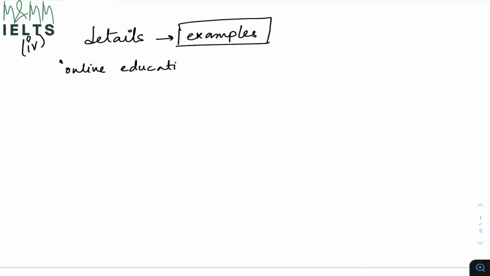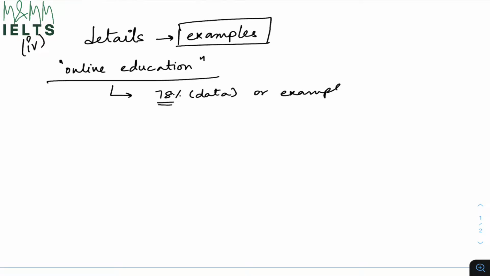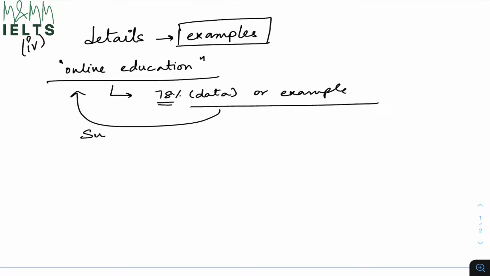Now once I have given a sentence, if I say after that 78% of students in Australia prefer learning or studying online than going to schools and facing the physical education system, now I have given you some data, some example. Whenever you give such data, such examples, need not be data always, but some example, it supports your opinion. It supports what you are saying.